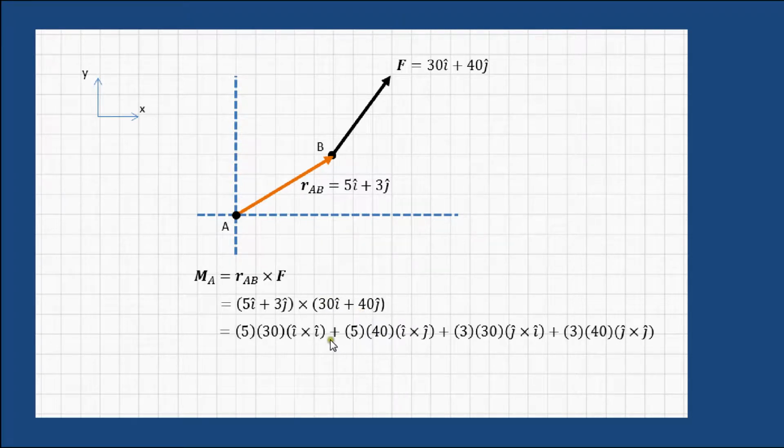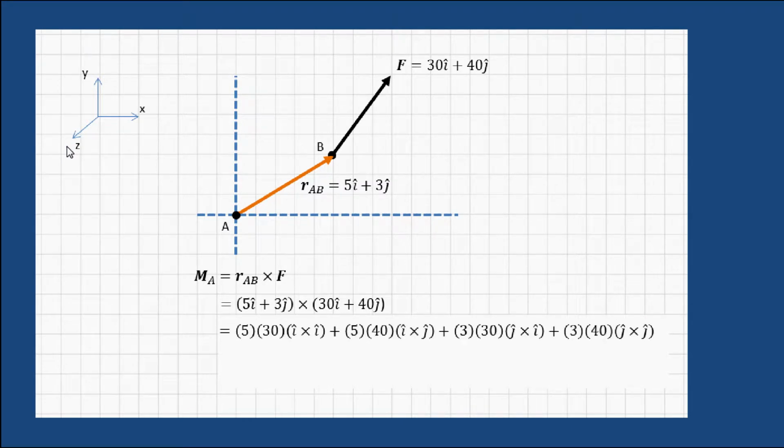Now, to calculate this, we can just do a straight expansion of this cross product. So 5 times 30 with i cross i, and 5 times 40 with i cross j, etc. Now what we find, of course, is that the i cross i and the j cross j components are 0, whereas i cross j produces a k unit vector, and j cross i produces a negative k, where I remind you that the k unit vector points in the positive z direction.